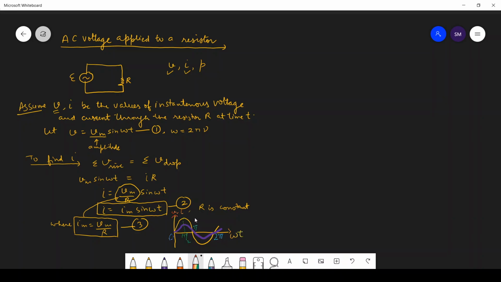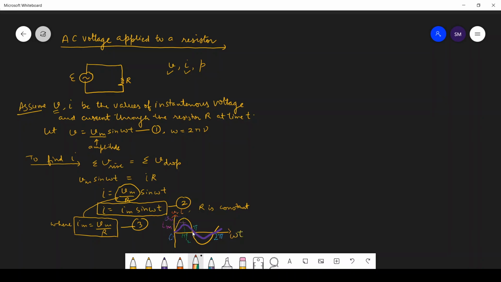Now this is the maximum value Vm, this is the maximum value Im. You can see that the voltage is varying as per the sine curve, and current is also varying according to the sine curve.